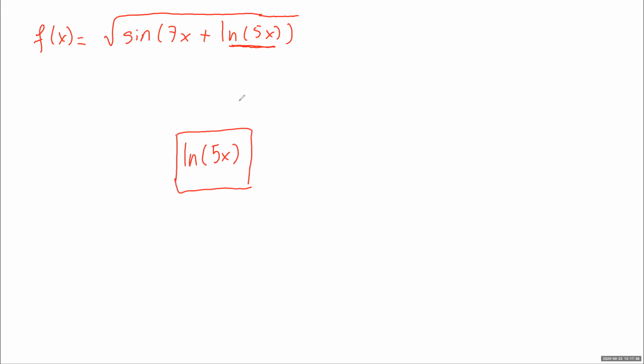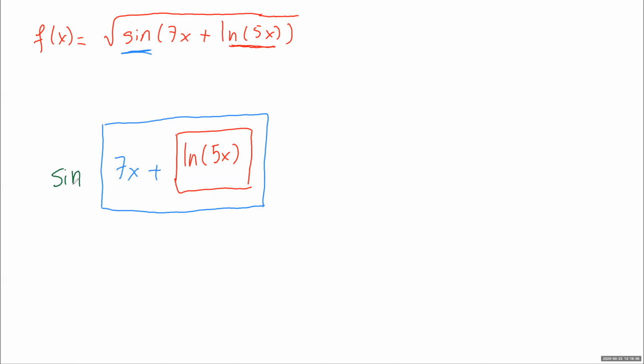Okay. And then I go out to my 7x. So I know that the 7x is another function, right? And I add to this box, and I create another box here. Okay. And I go out to my outer function, which is sine of x. Right, sine of x, and I put it in another box here.